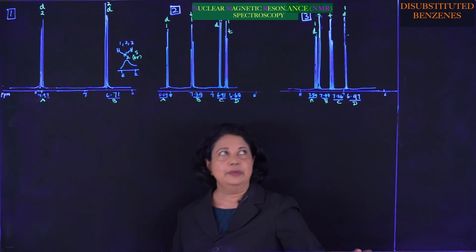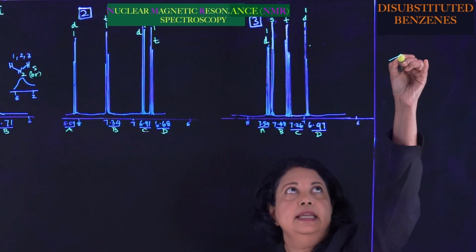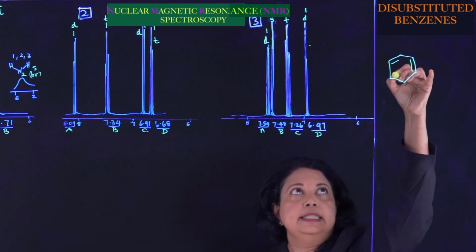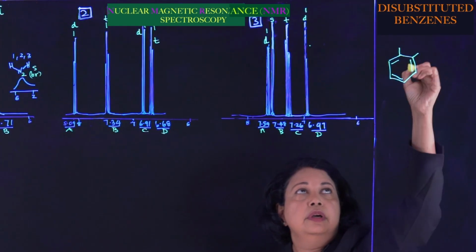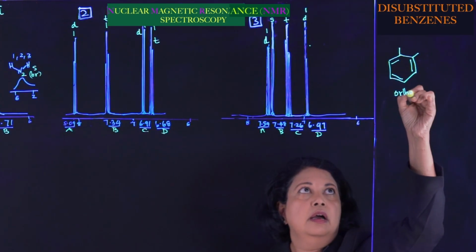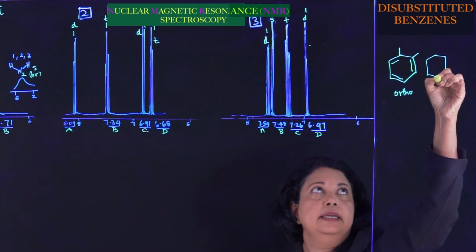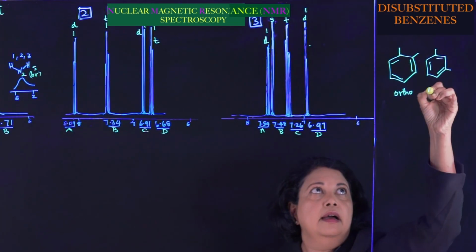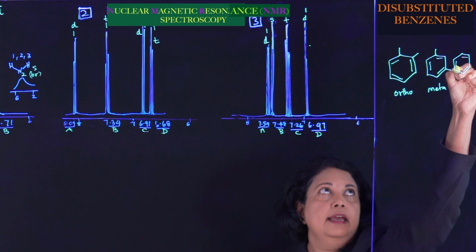But here we go. Disubstituted benzenes, that means you have a benzene and you have two groups on it. So this is your benzene, and it can have ortho, benzene can have meta, and disubstituted benzene can have para.